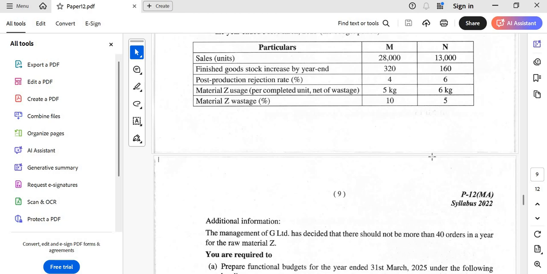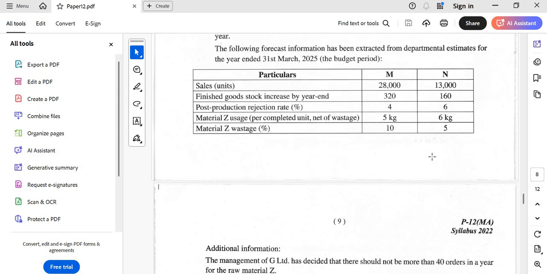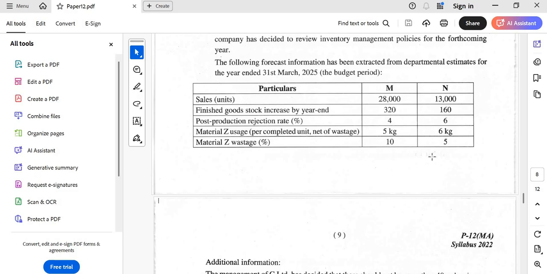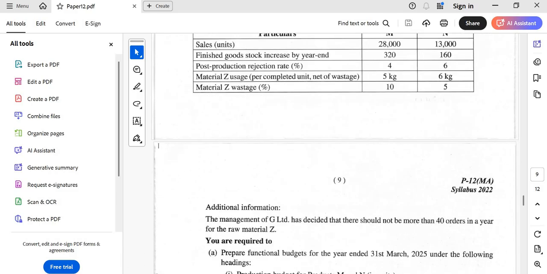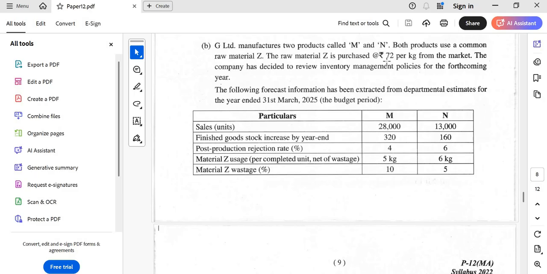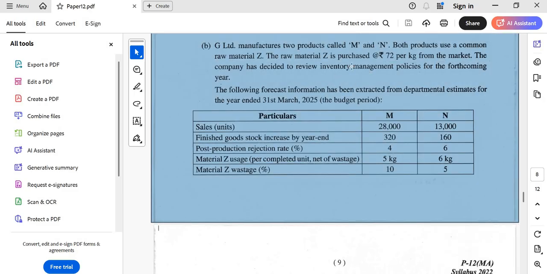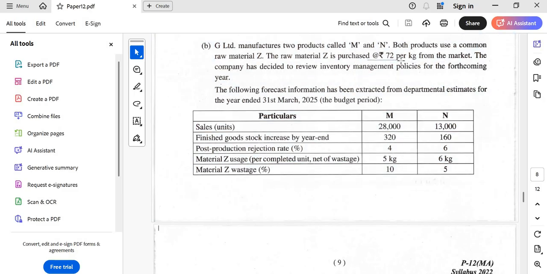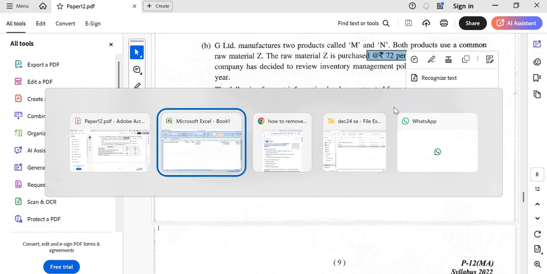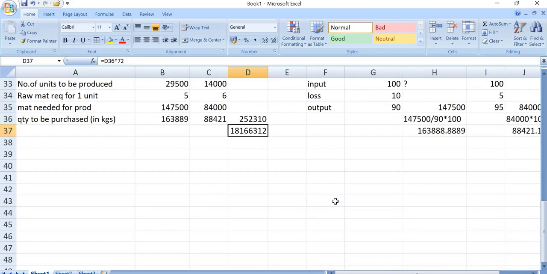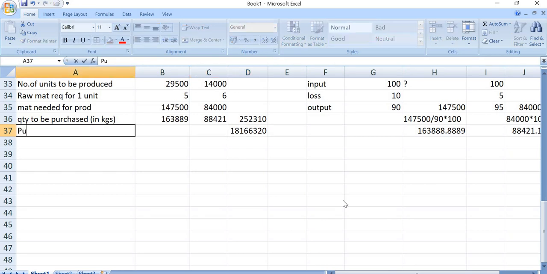So here they have given 72 rupees per kg. So for purchasing 1 kg of raw material, I want to spend 72 rupees. So I am multiplying the total with 72. That is 2,52,310 into 72. So I will be getting 1,81,66,320. So this is my purchase price.